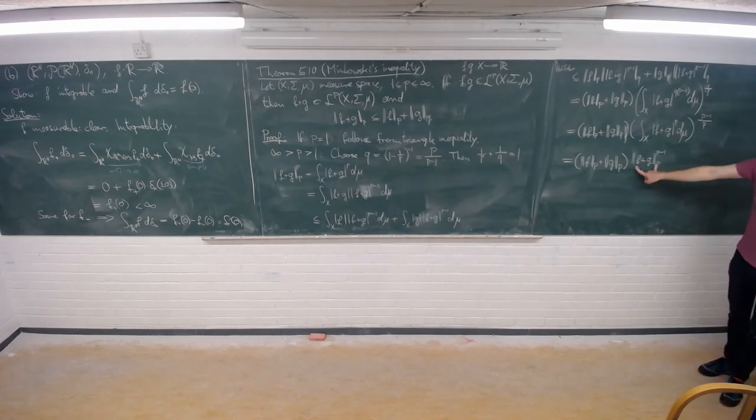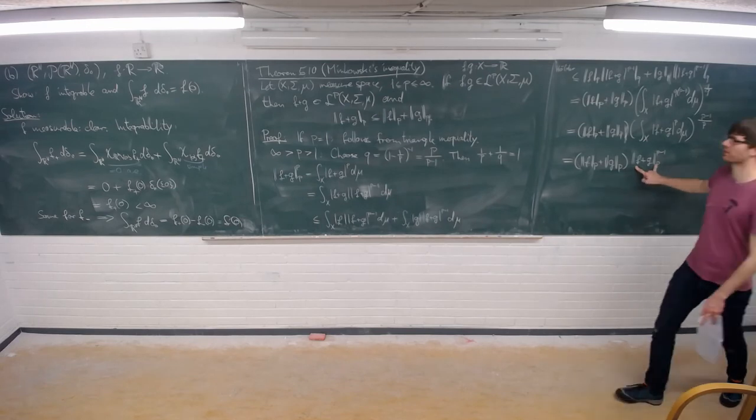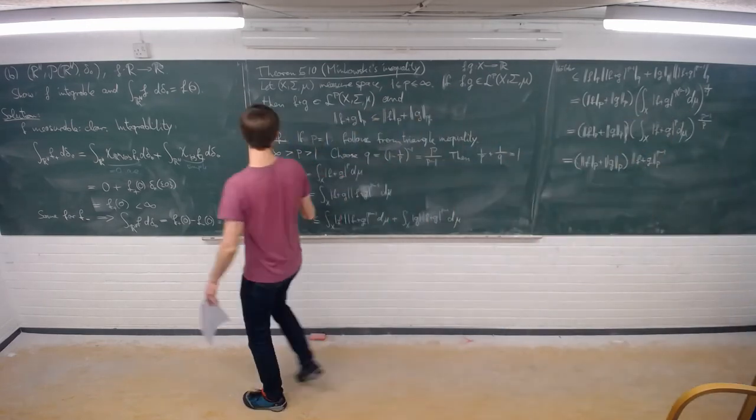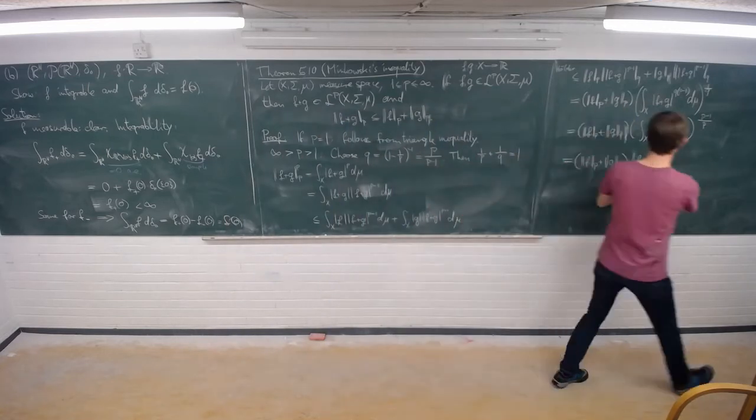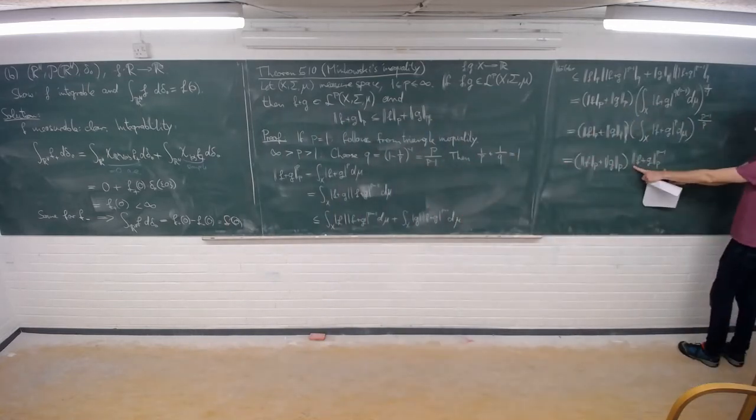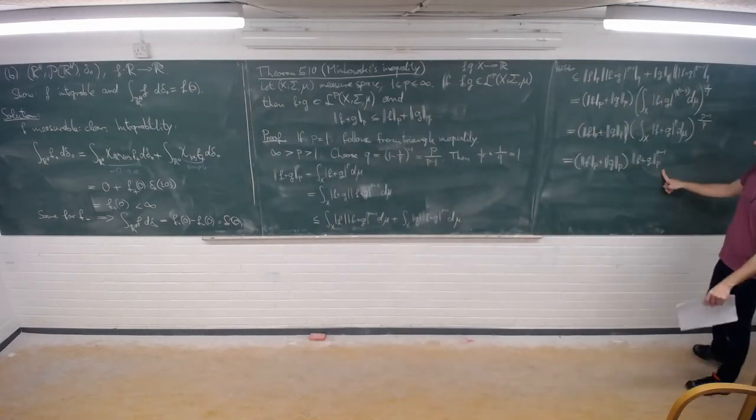Okay, so we have this LP norm to the power P minus 1 on the right hand side, and to the power P on the left hand side. So we can just divide by this, and we get Minkowski's inequality.